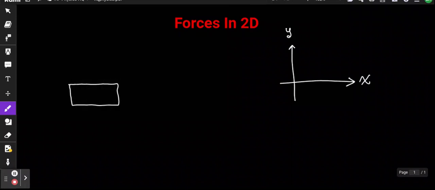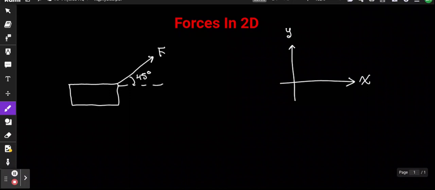When we have forces in 2 dimensions, it basically means that we have forces acting both in the y component and in the x component. This can sometimes mean that forces can be acting at an angle. So, for example, if this was a wagon, someone could be pulling this wagon with a certain force at an angle of like 45 degrees above the horizontal.